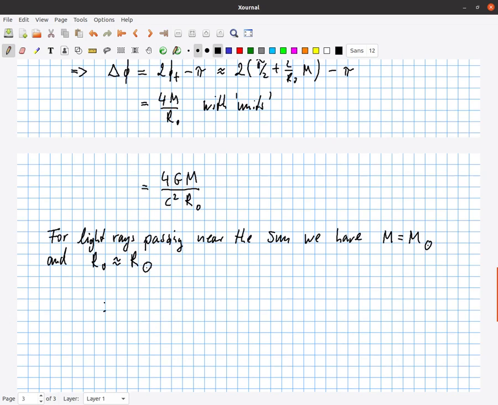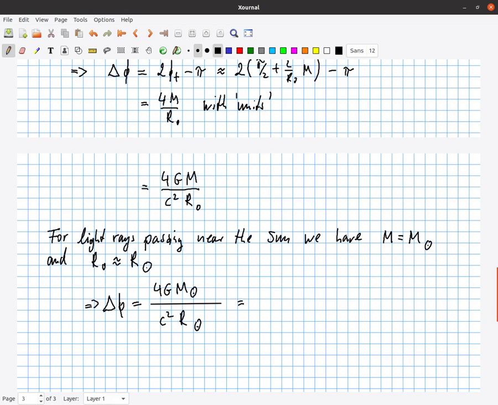And so this implies that our delta phi for the sun is 4G times the mass of the sun divided by the speed of light squared times the radius of the sun.